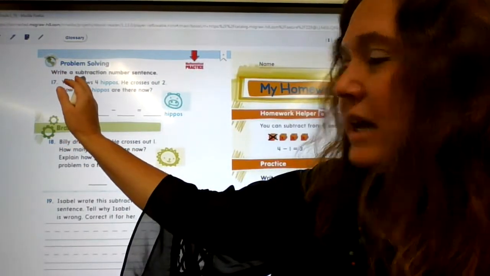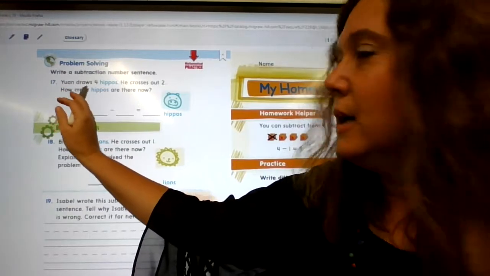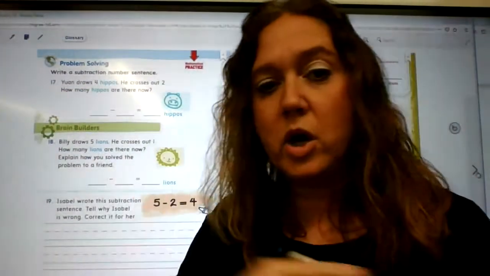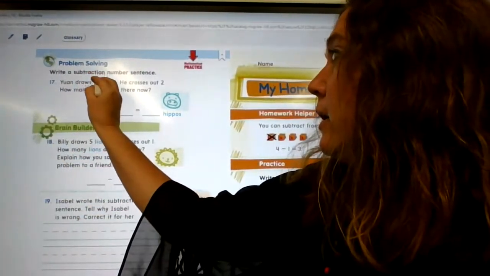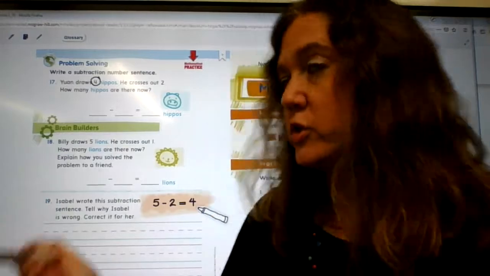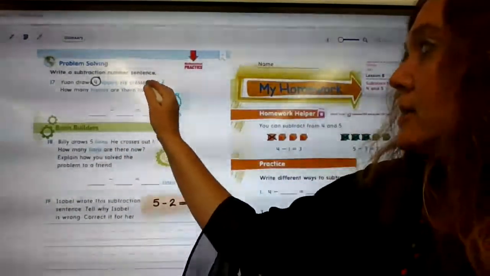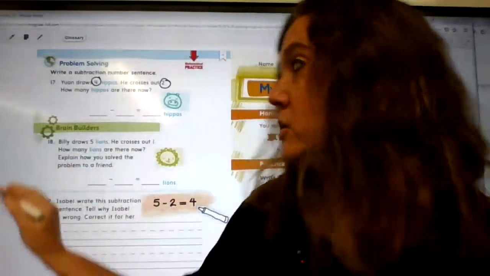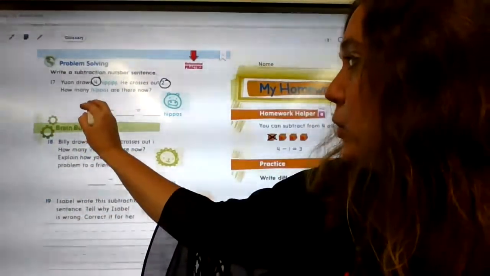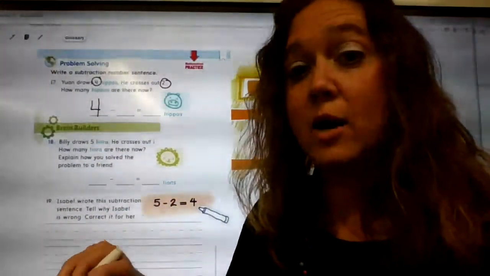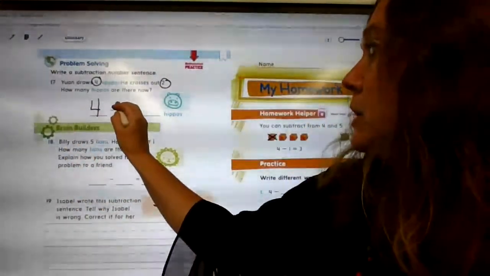Yoon, I don't think that's probably how you say it, draws 4 hippos. So we know, let's circle 4. Probably started out with 4 at first, but let's see. He crosses out 2, so yep. So we know he started with 4 hippos. Crossed out 2 hippos.